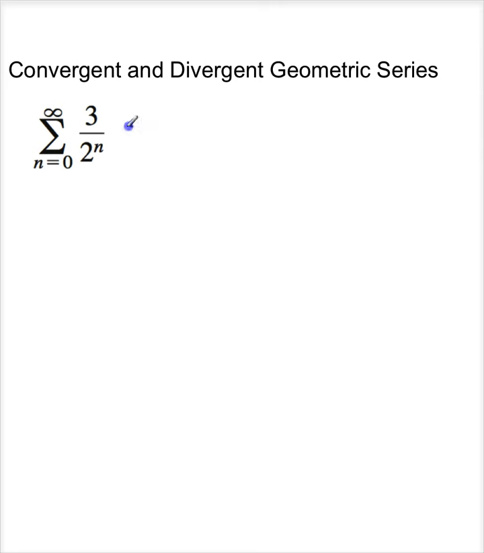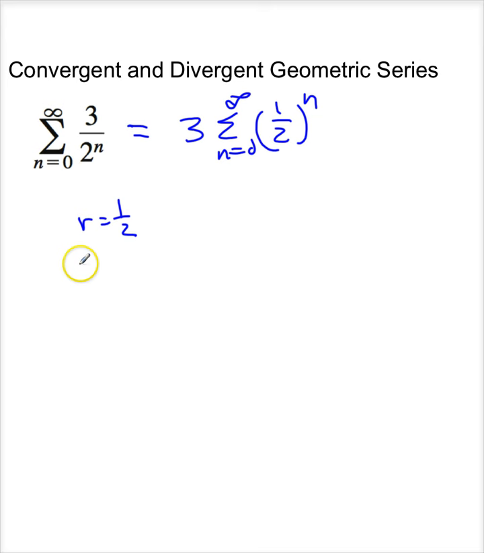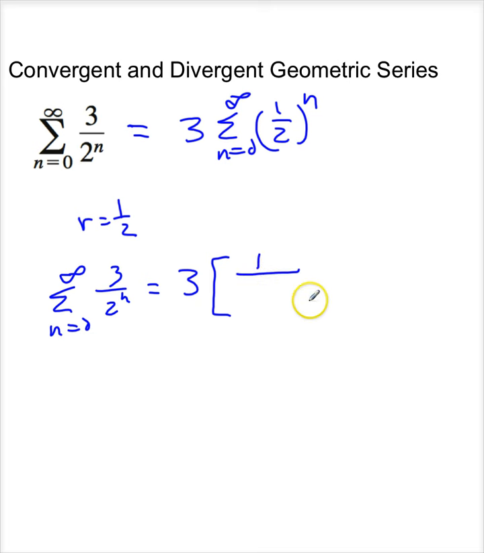Let's look at this series right here. This is 3 times the sum as n goes from 0 to infinity of 1/2 to the n. In this case, r is 1/2. So we know that the sum as n goes from 0 to infinity of 3 over 2 to the n is going to be, now I could have used a's, I chose not to, 3 times 1 over 1 minus r, because in this example my a is 1, and r is 1/2.